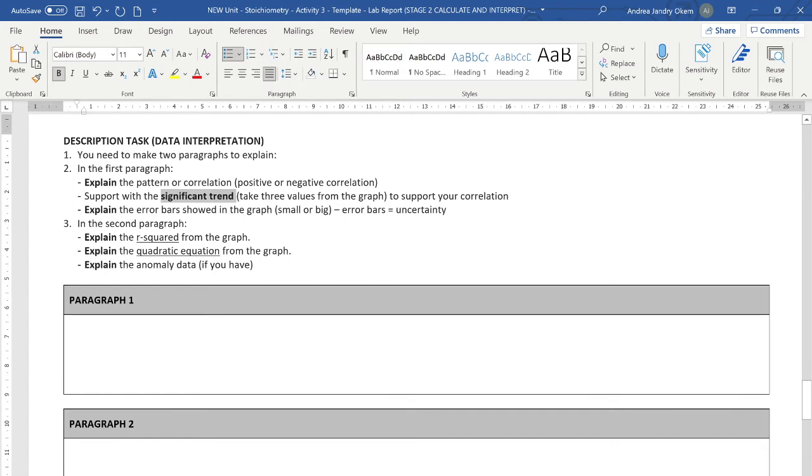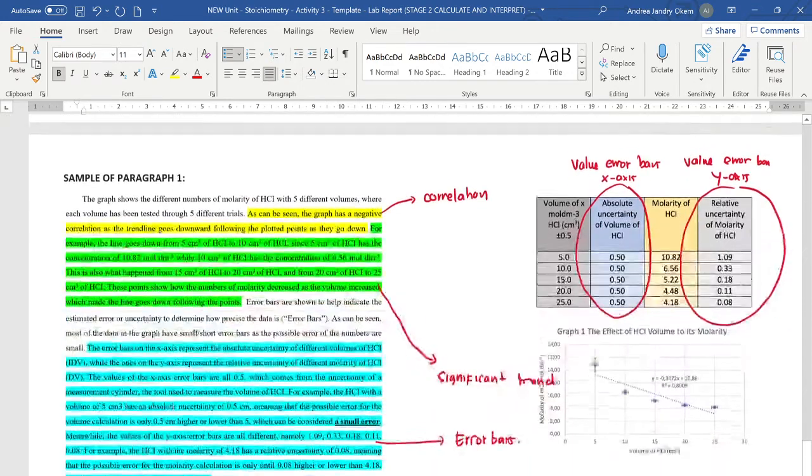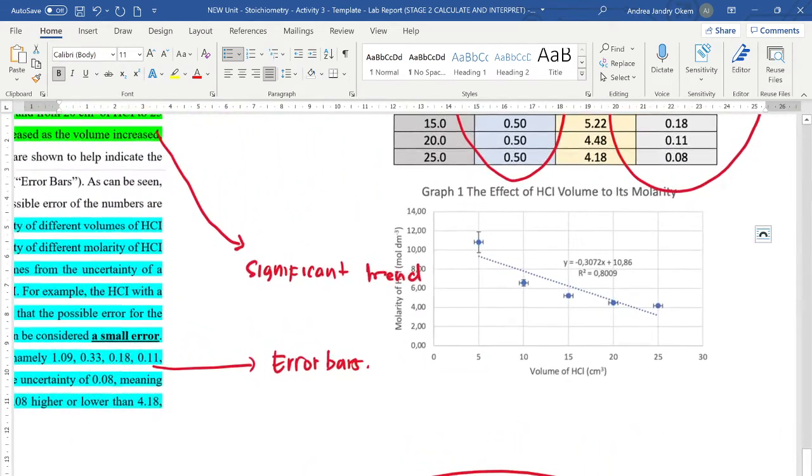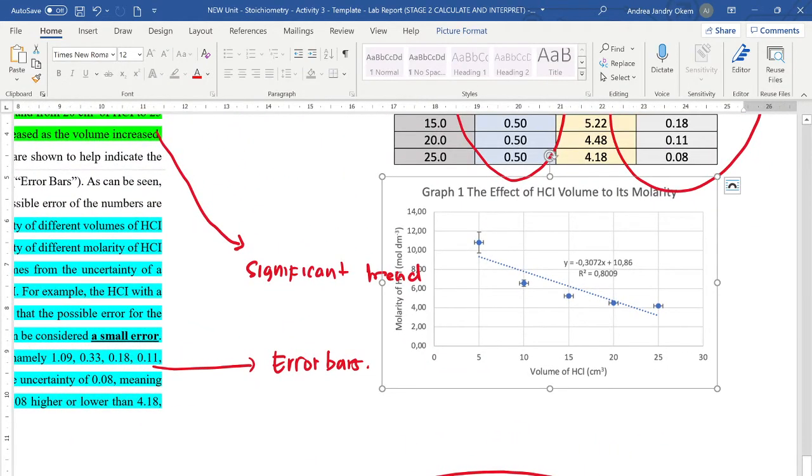The next one is error bars. How can I see the error bars? Did you see there is a straight line here, vertical and horizontal, like a plus sign?